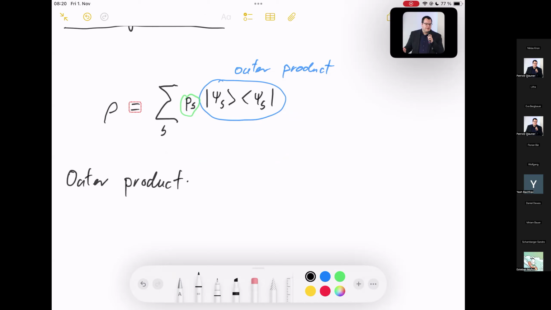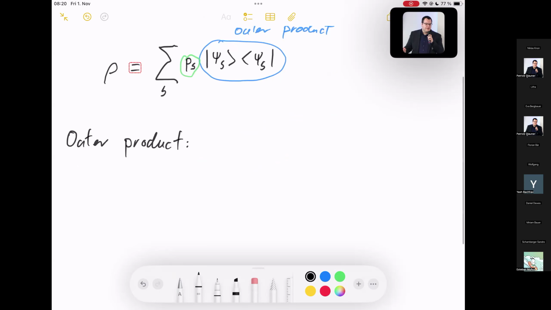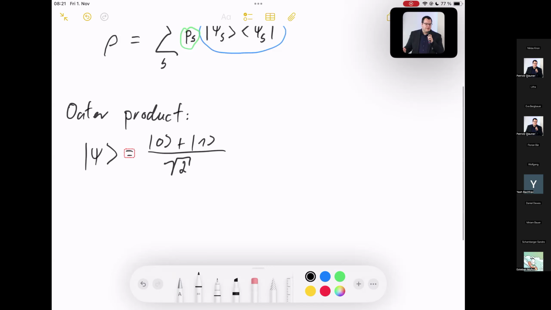So for the outer product, we can say this is |psi⟩, and |psi⟩ this time is |0⟩ plus |1⟩, and we need to normalize this quantum state. We've all seen this before.